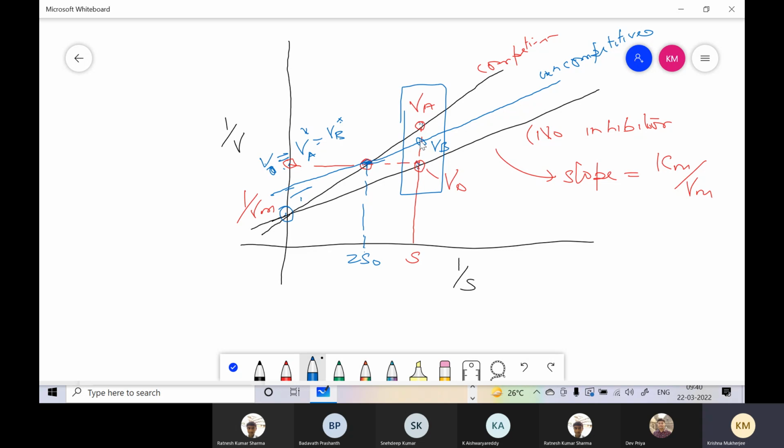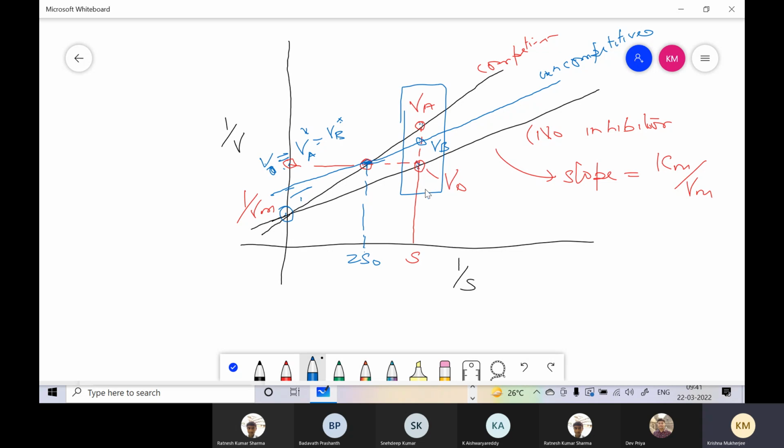So this is highest velocity, lower velocity, even lower velocity. At this point, two lines from V naught, one line parallel to the x-axis and one line parallel to the y-axis. So did any one of you do this? No. So this is my real worry.